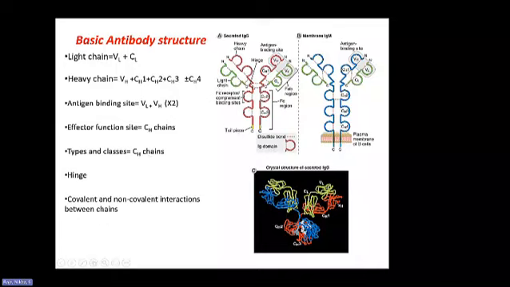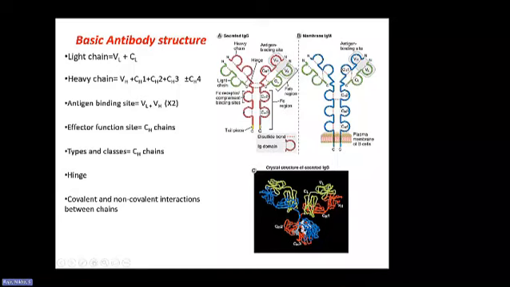These heavy chain constant regions are bound to each other, and there is a region in between CH1 and CH2 which is called the hinge. Apart from that, there are covalent and non-covalent interactions between these chains so that they are kept next to each other.